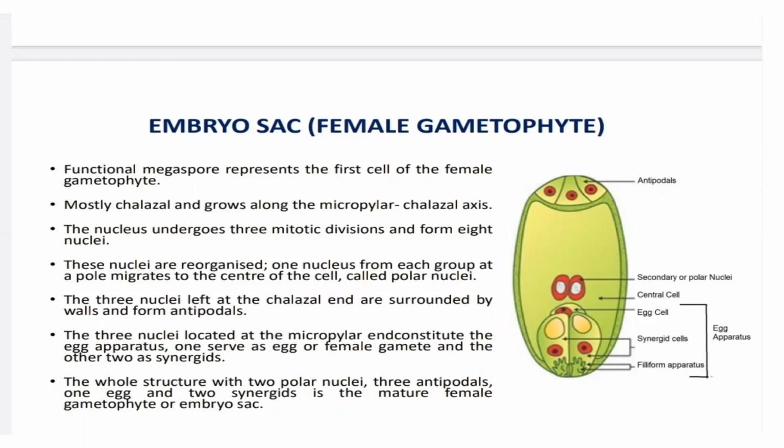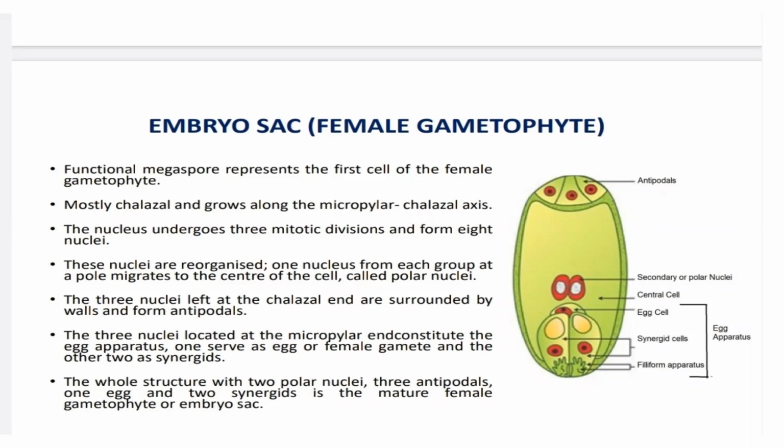After 3 mitotic divisions, 4 will be present at the antipodal side and 4 at the micropylar side. Of the 4, 1 comes to the middle part of the embryo sac. The upper one and the lower one both combine to form the secondary or polar nuclei.